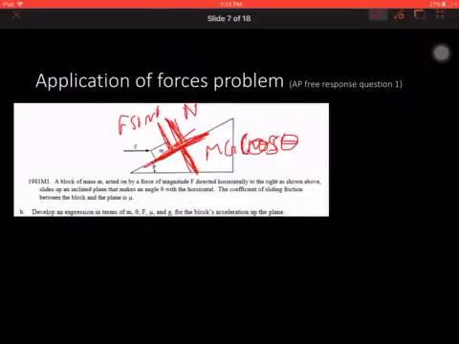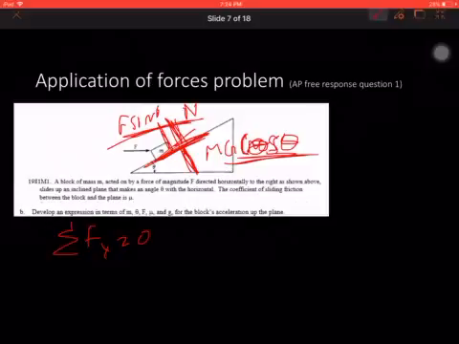These are the forces acting in your vertical direction, and all of this is going to equal 0 because this has to match that. So the net force in the y direction is ultimately 0.